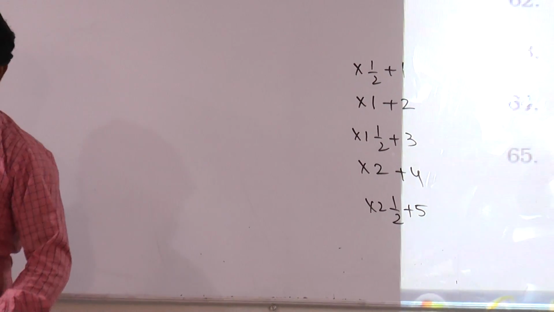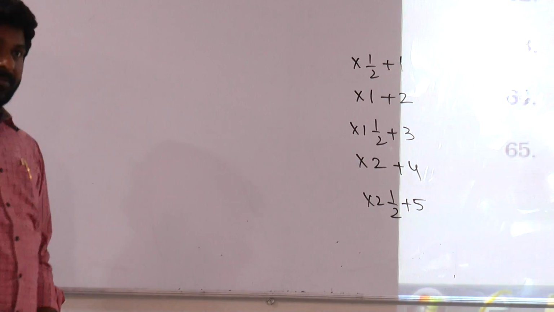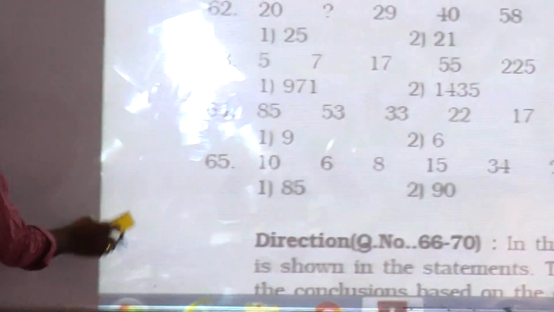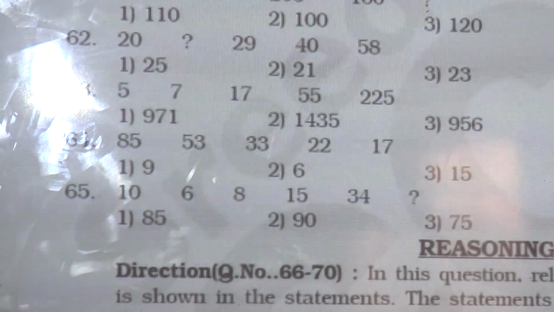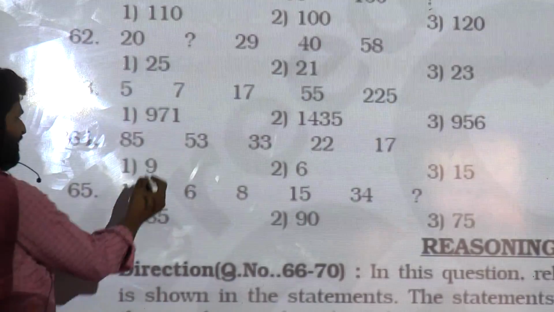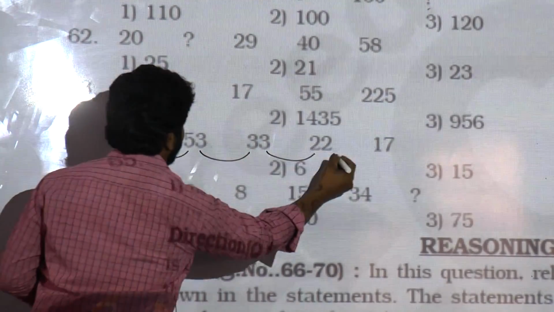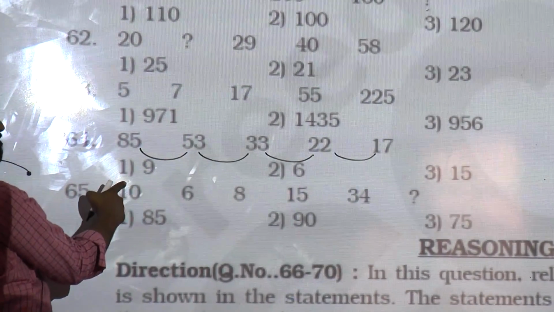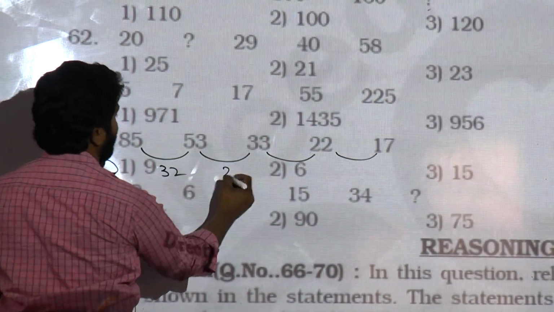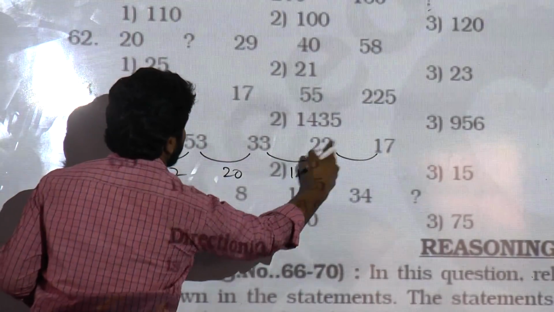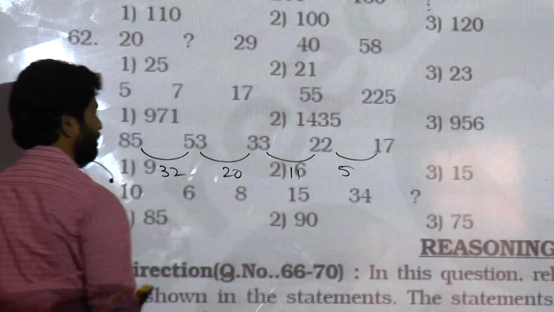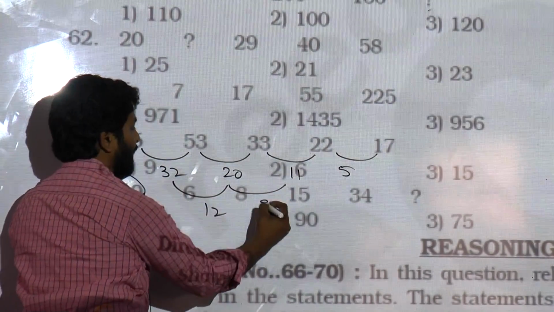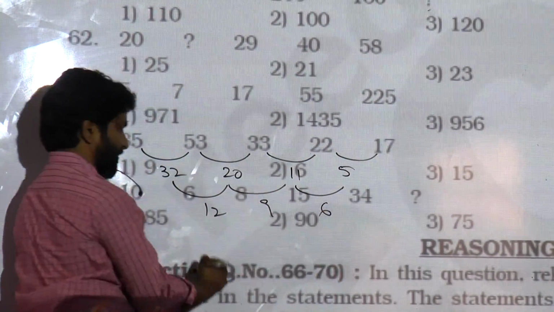Okay? 64. Difference? 32, 20, 11, 5. Again difference? 12, 9, 6.